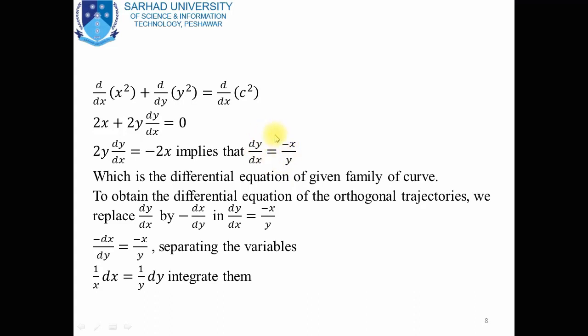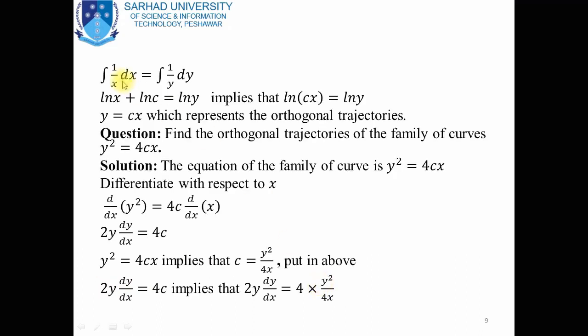So now find the differential equation of the required orthogonal trajectory. Replace this dy by dx by minus dx by dy. We get minus dx by dy is equal to minus x by y, and now by separation of variables, we can write 1 over x dx is equal to 1 over y dy, and now taking integration, the integration of 1 over x is log x, the integration of 1 over y is log y, and we add the constant of integration log c.